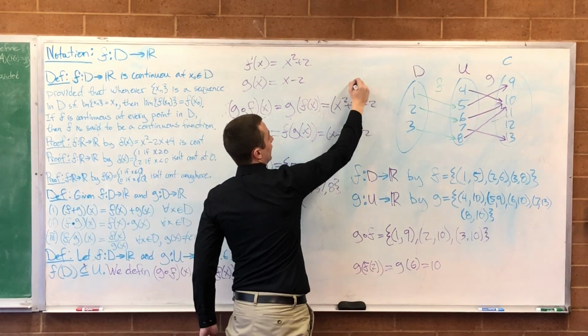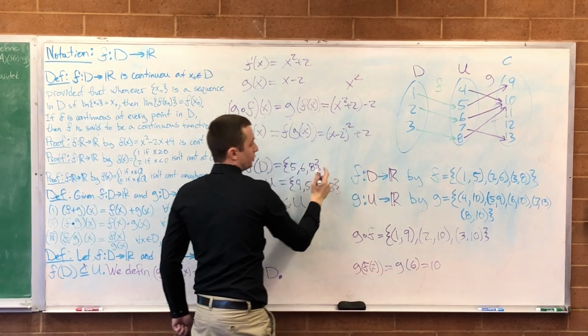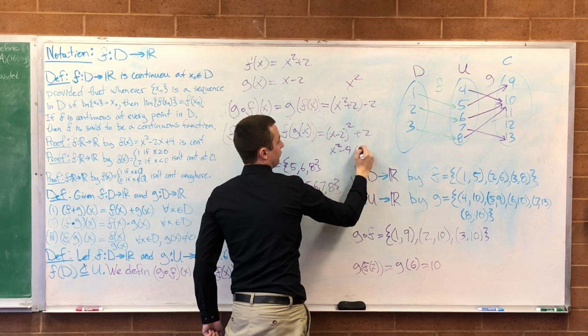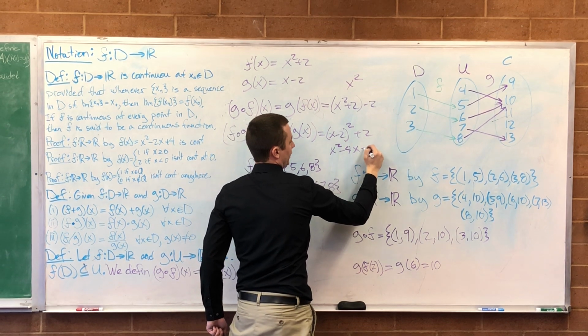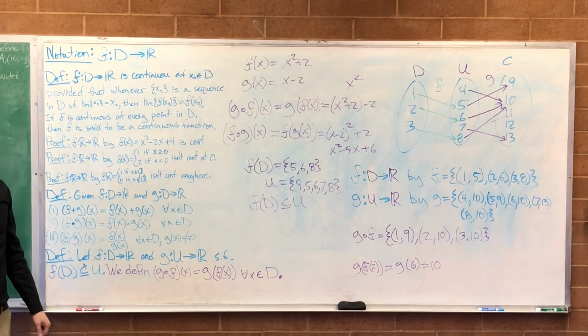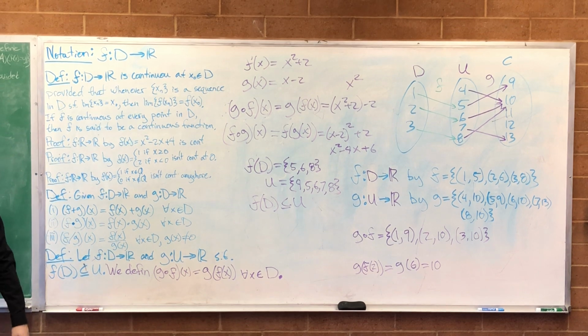This top one simplifies to just x squared. This bottom one, we're going to get x squared minus 4x plus 6. So order matters in function composition. F composed with G and G composed with F are not the same thing.